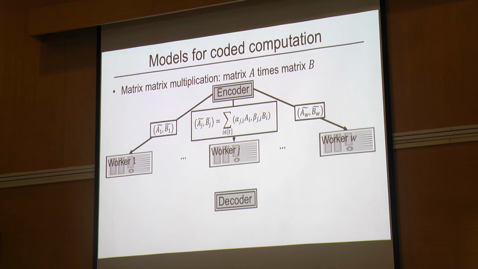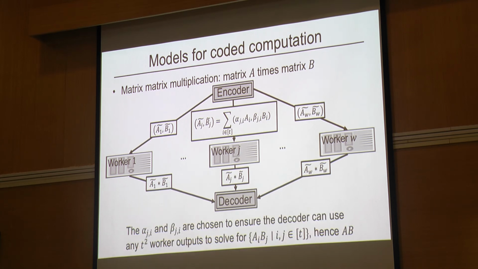So basically now, given these linear combinations, you can think about, if you want to, in general, any other function. So basically, given to each of these workers, each worker outputs A_i tilde times B_i tilde, a smaller submatrix multiplication, and the decoder will decode. So recall that we need T squared of those smaller units, right?